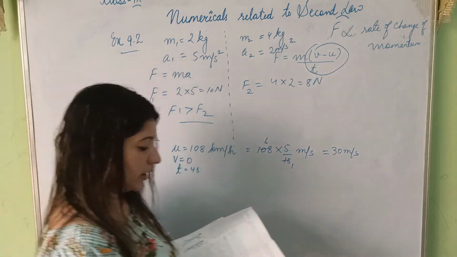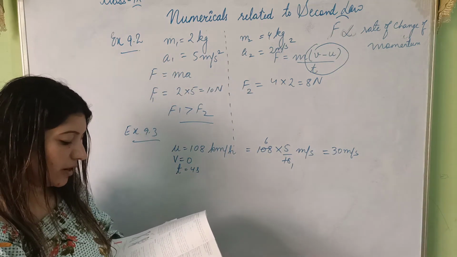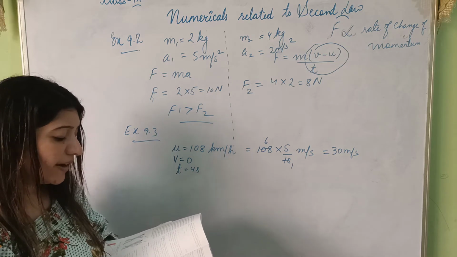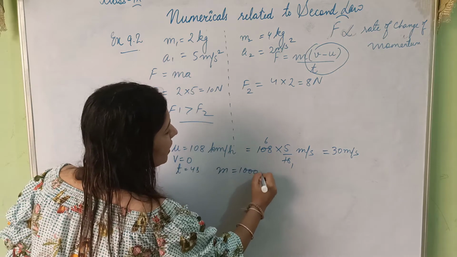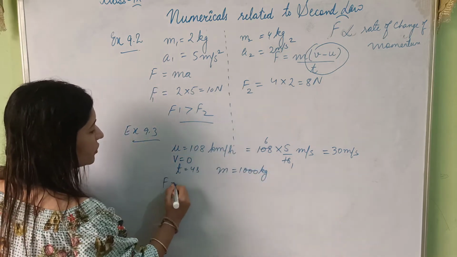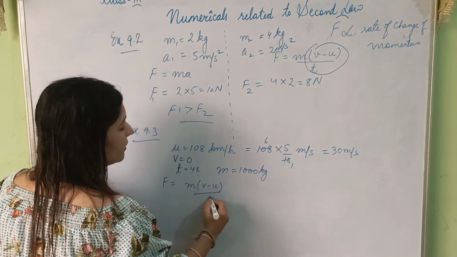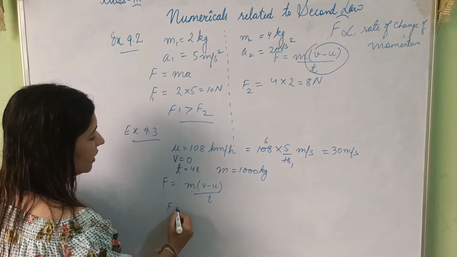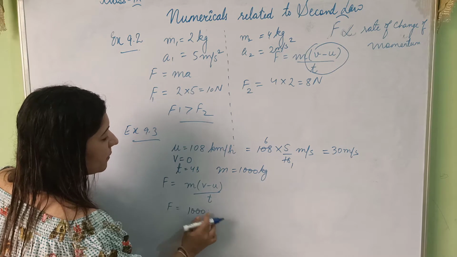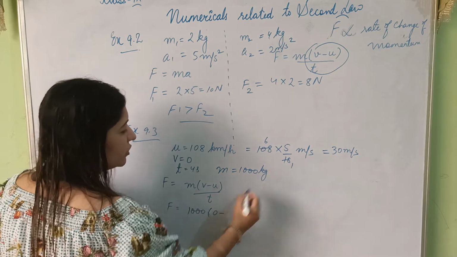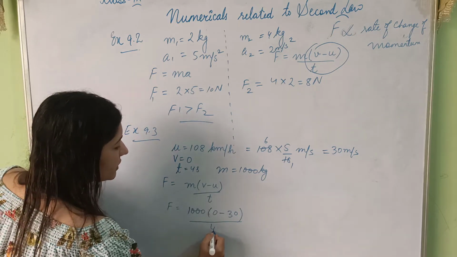Calculate the force exerted by the brakes if its mass is 1000 kg. You need to find the force. So we have this formula, F is equal to m(v minus u) by t. Force is equal to mass 1000 multiplied by (v minus u), 0 minus 30, by time, which is 4 seconds.